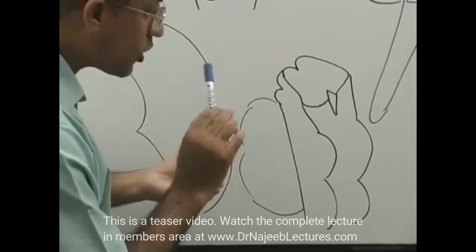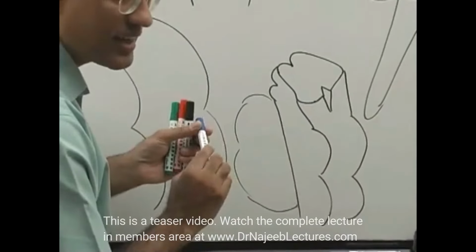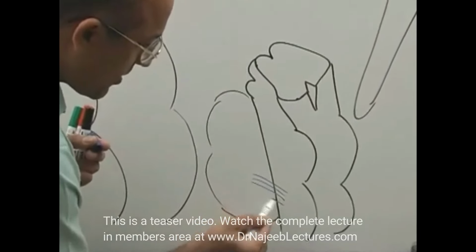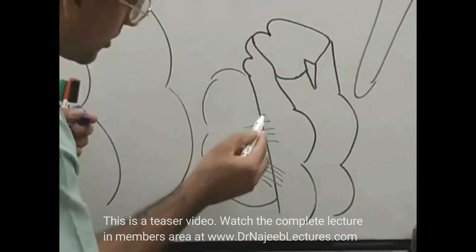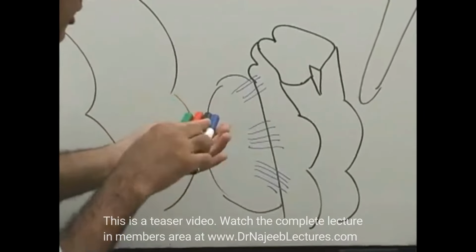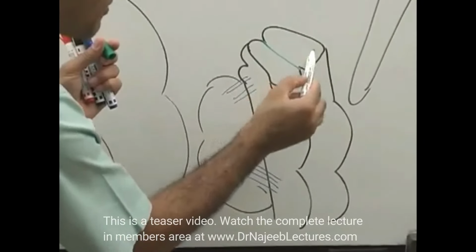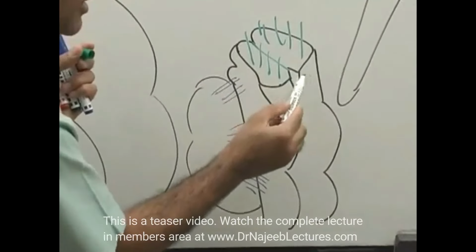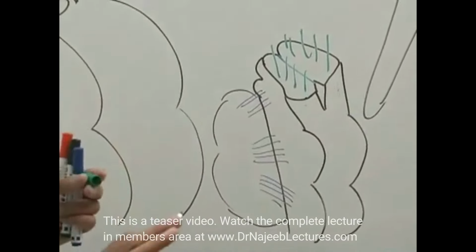Now look, don't confuse cerebral peduncle with cerebellar peduncle. This is cerebellar peduncle, which one? Inferior. What is this? Middle. And what is this? Superior cerebellar peduncle. And the midbrain itself, one half this and other half this. These are what? Cerebral peduncles. Is that right?